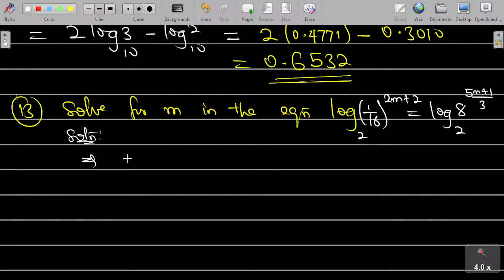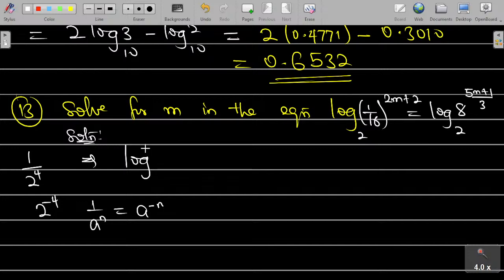Okay, so I can write log 1 over 16 as 1 over 2 to the power of 4. By indices, I can write this as 2 raised to the power of minus 4, because 1 all over a to the power of n is the same thing as a to the power of minus n.